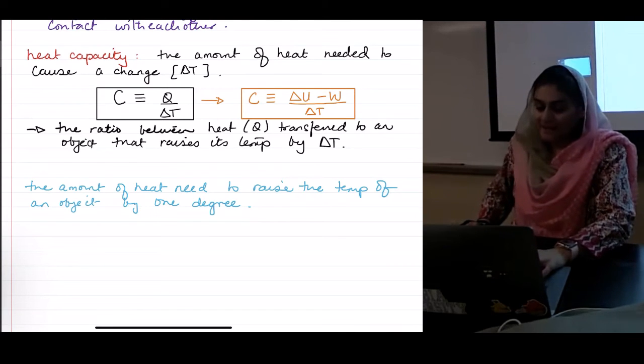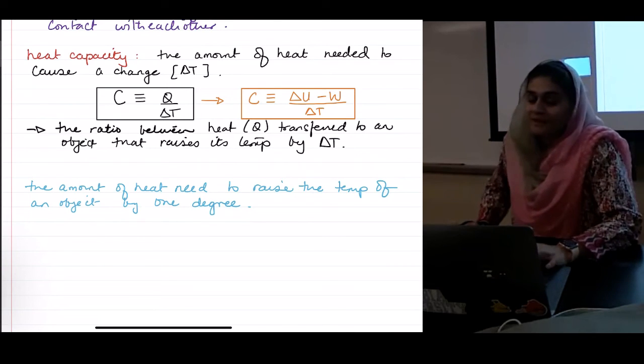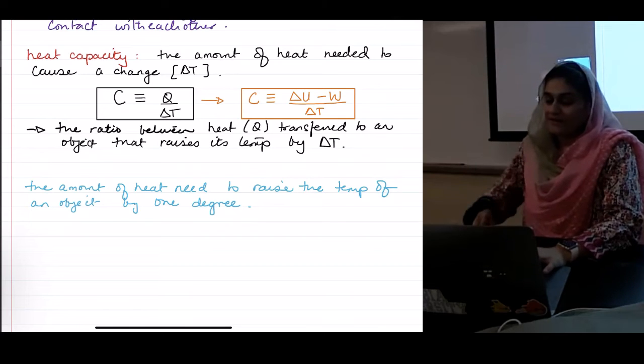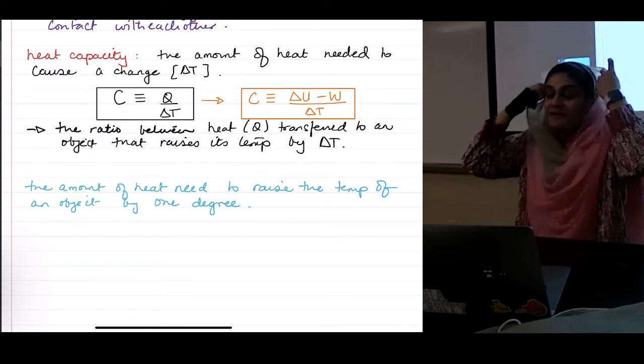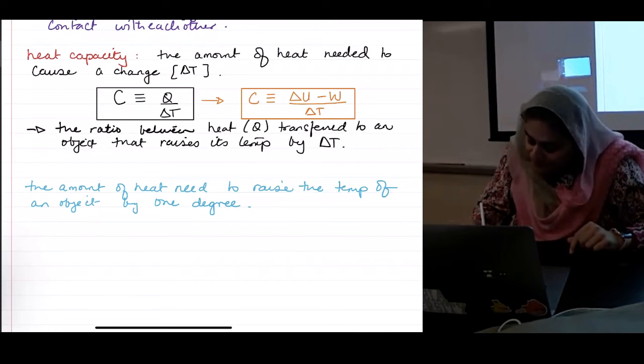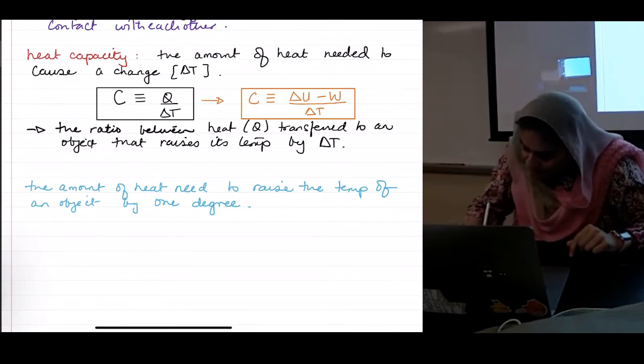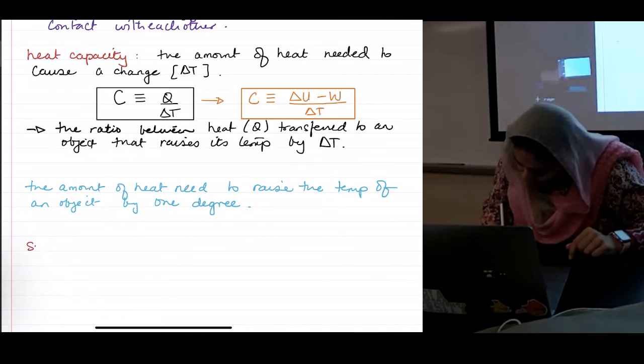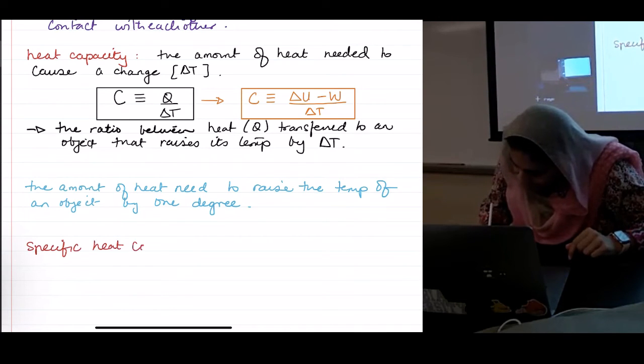So instead, what we do is we define another thing that's called the specific heat capacity. Okay, and how do we define that in order to take care of it? If I have so many problems, how do I fix them?